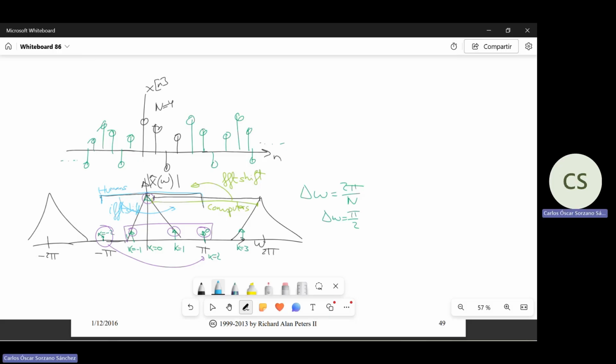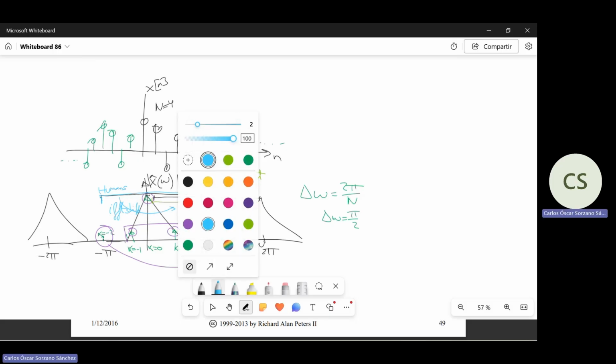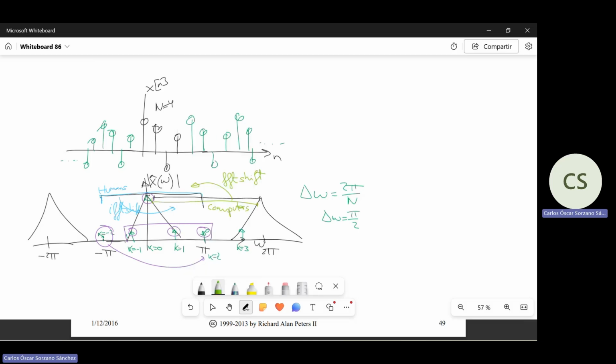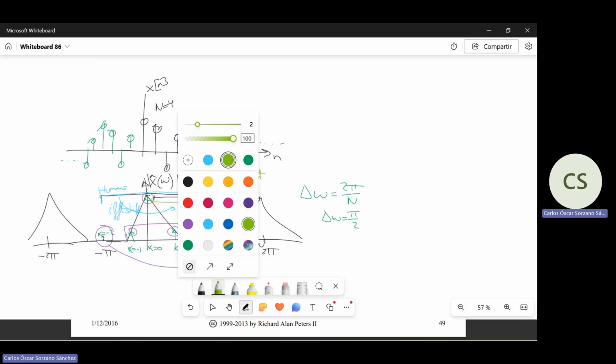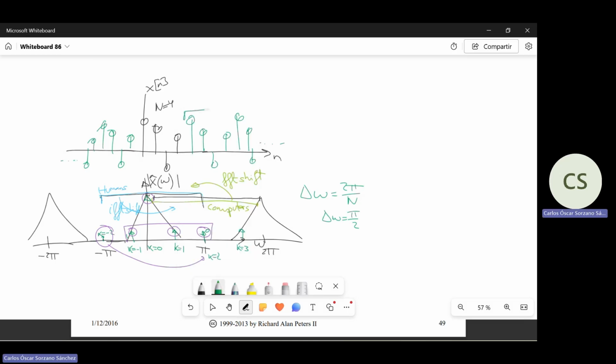There is something also interesting about this FFT. So what is the FFT? What is the first F? The second is the Fourier transform. The first is fast. It is the fast Fourier transform. So the fast Fourier transform is the one that makes this periodization.